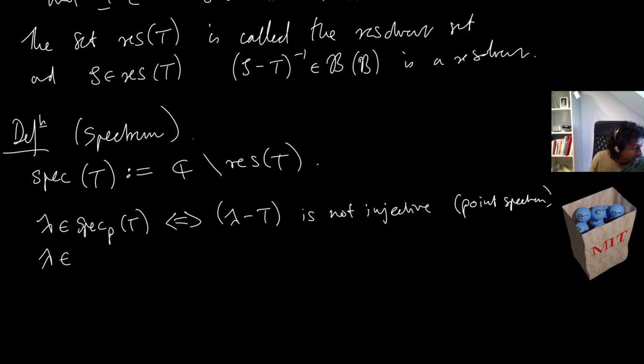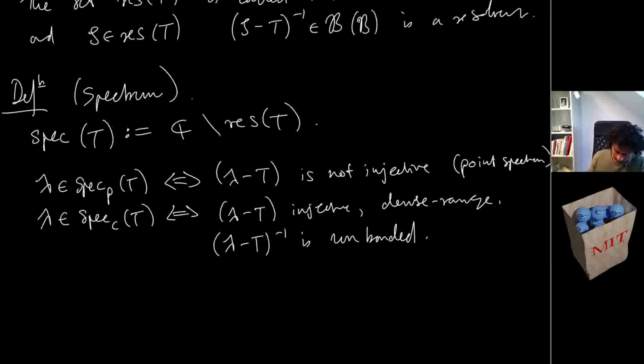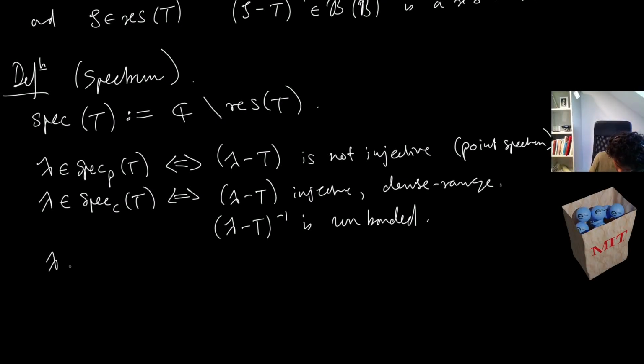It is in spec C, so this is the continuous spectrum, if lambda minus T is injective, dense range, but the operator (lambda minus T) inverse is unbounded. Okay? So this is the continuous spectrum.